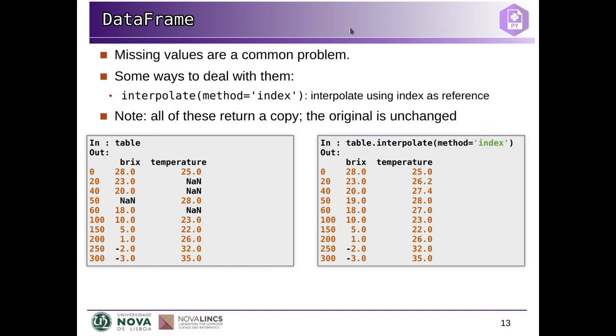Basically, there are other ways you can fill in the missing values. You can write your own functions to fill in the values and so on. So there are many different ways you can do this. But this is just a few examples so that you know that you can easily fill in the missing values or discard the missing values depending on what you find more appropriate to do with your data.